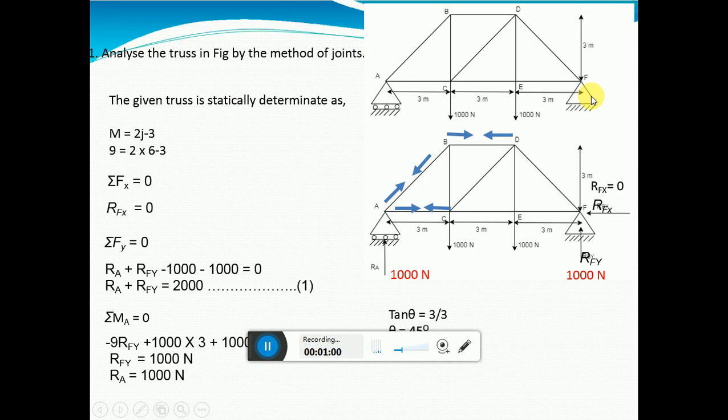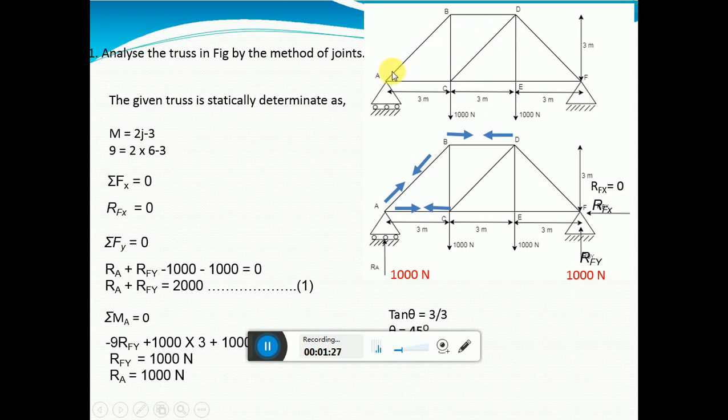You need to know how many reactions will develop for a roller support and for a hinged support first. For a roller support only one reaction will appear, whereas for a hinged support there are two reactions developing here. If the point is F, that is RFX, and here it is RFY.